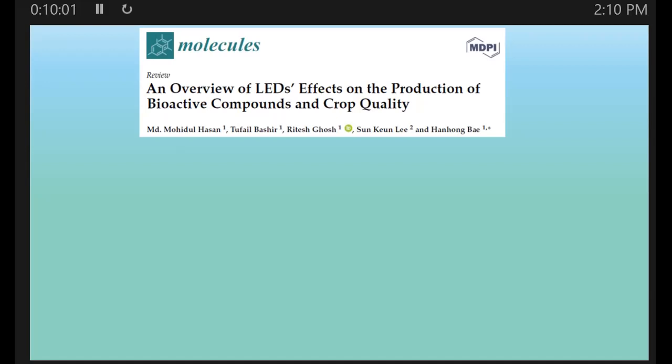So this is a really hot topic right now in plant physiology research, where they're looking at how we can influence the quality of the crops. In particular, they're looking at these so-called bioactive compounds, which is kind of a buzzword or phrase. Essentially they're looking at secondary metabolites that the plants are making, and whether we can influence which secondary metabolites get made.